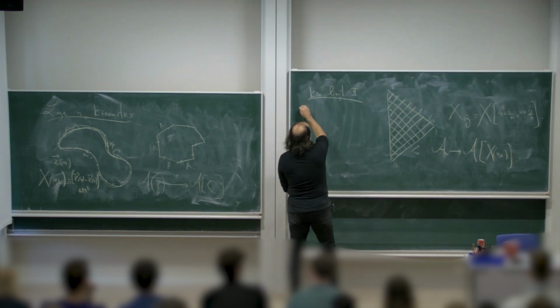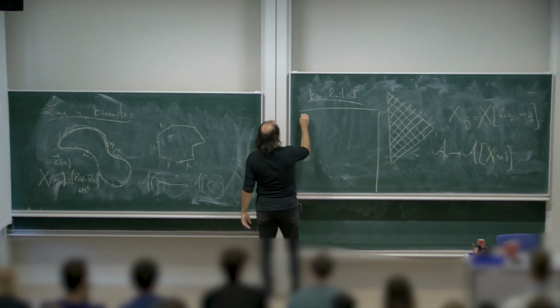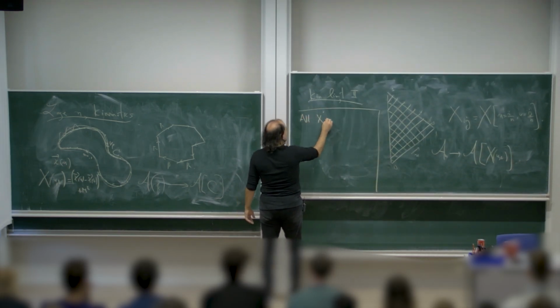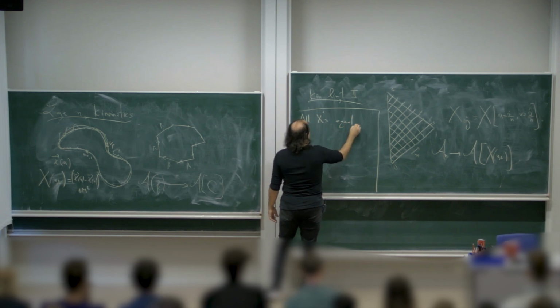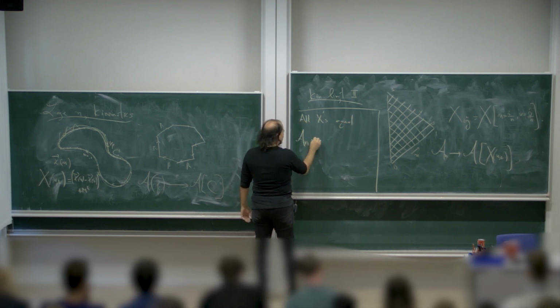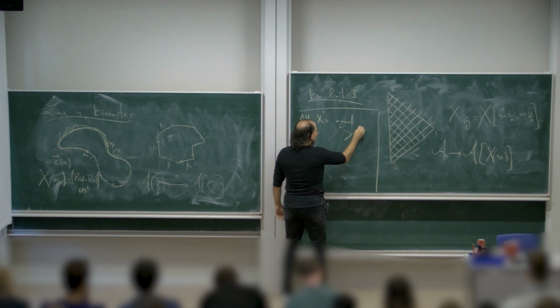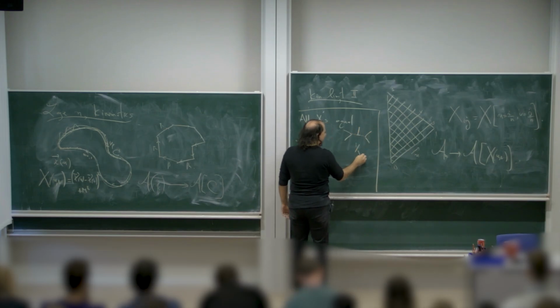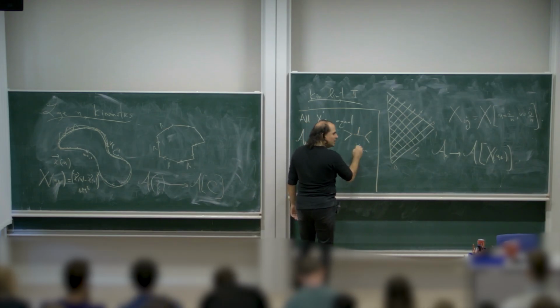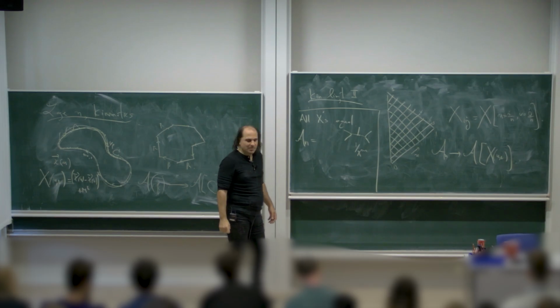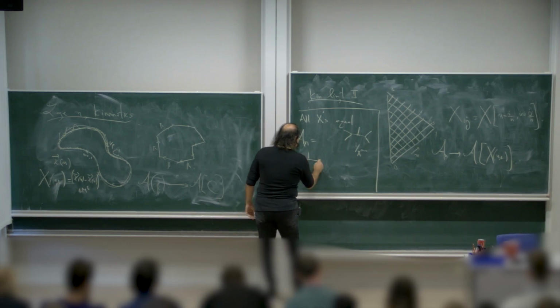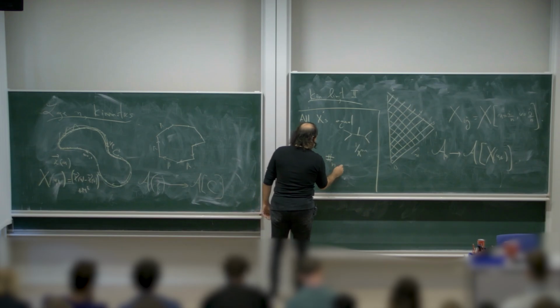If all x's are equal, then the amplitude is very simple. Every single Feynman diagram is the same. It's like 1 over x to the power of the number of propagators. So the amplitude is just 1 over x to the n minus 3 multiplied by the number of diagrams.